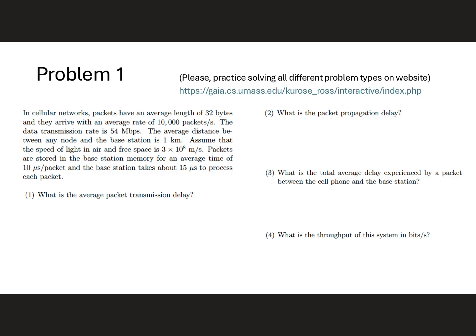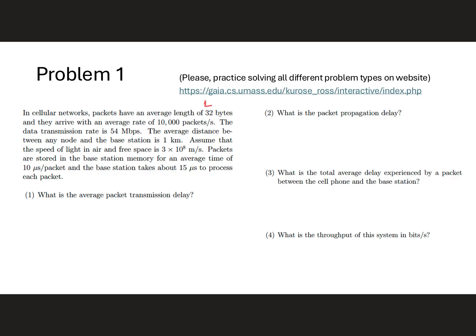So it says here, in a cellular network, which have packets that have an average length of 32 bytes. And so this is L, the packet length, right?